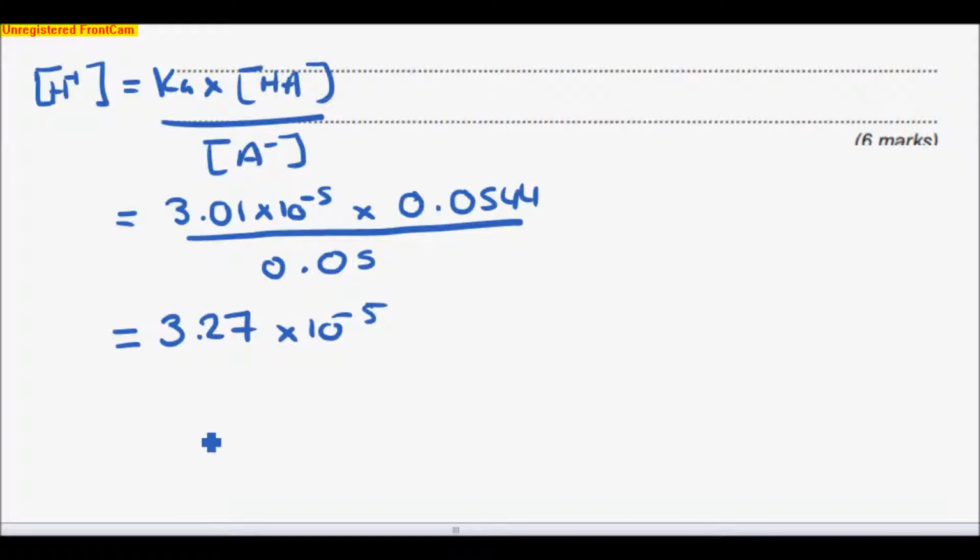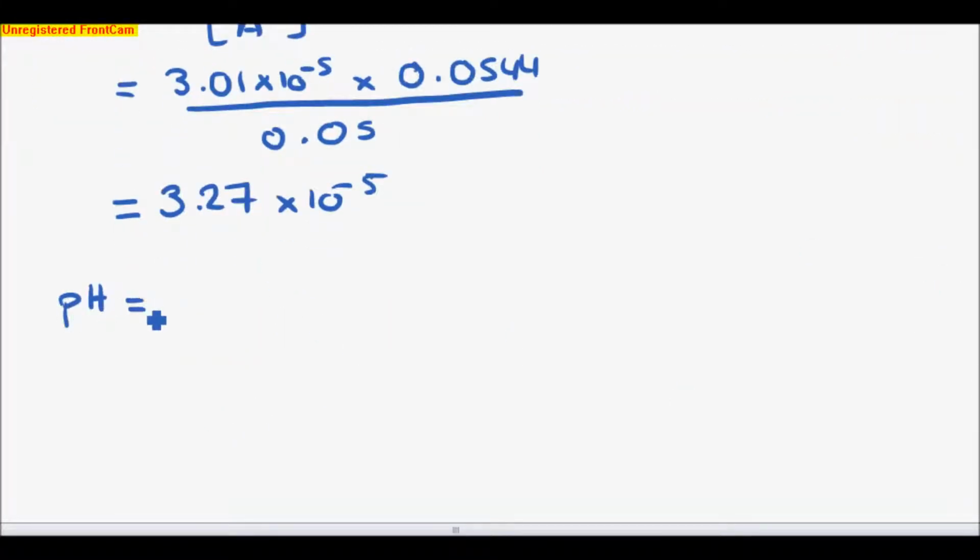Okay, so the final step now is to work out the pH, and pH equals minus log the concentration of H plus. And remember, you should also have worked out the units for the concentration of H plus, which is moles per decimeter cubed.